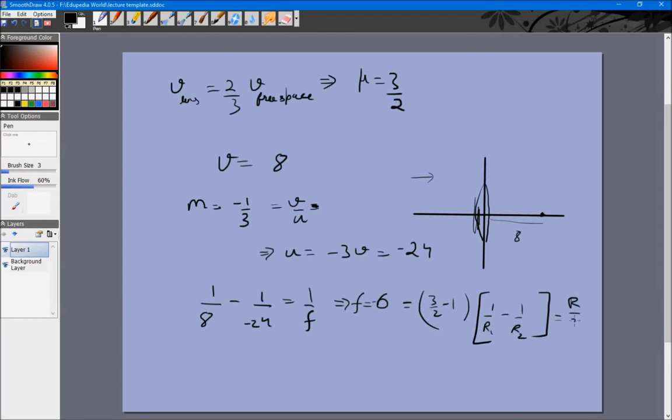So we get 1 by 2r. And this is actually not f, this is equal to 1 by f, right? So which gives me f is equal to 2r, or r is equal to 3, which means the answer is C.